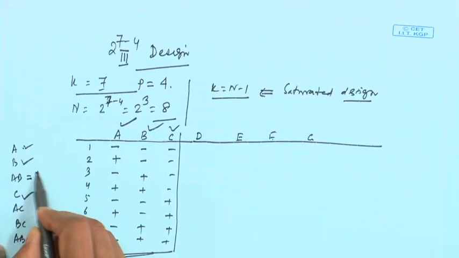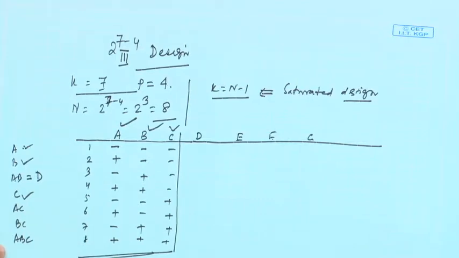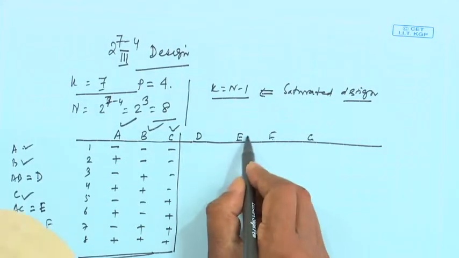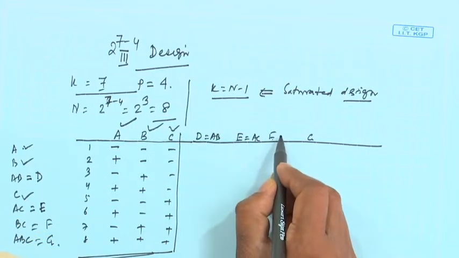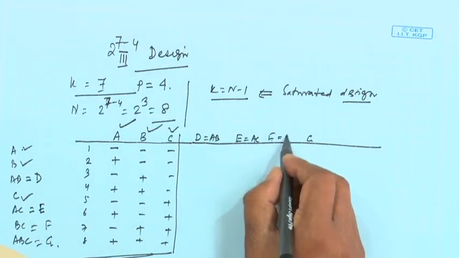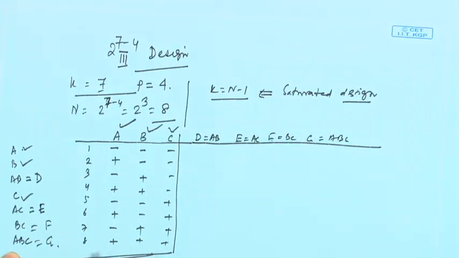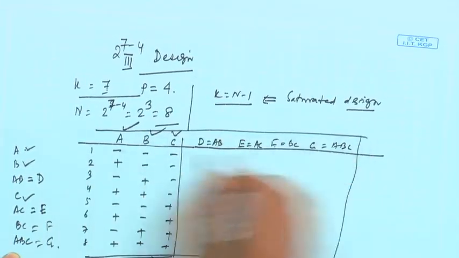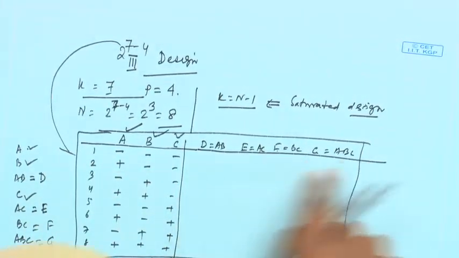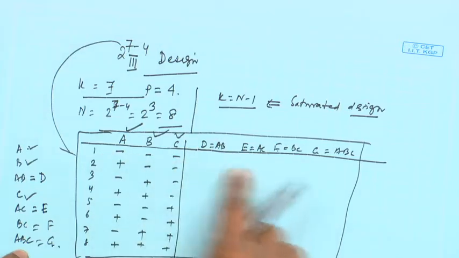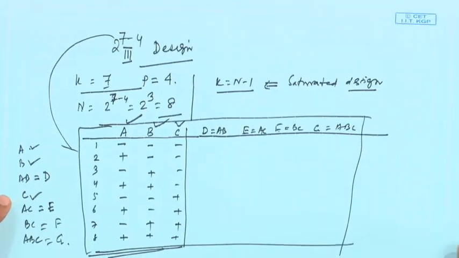Now AB can be confounded with D, AC with E, BC with F, and ABC with G. So D equals AB, E equals AC, F equals BC and G equals ABC. This is your design now. Now you know how to get the signs for D, E, F and G by multiplying the columns; that is the construction.